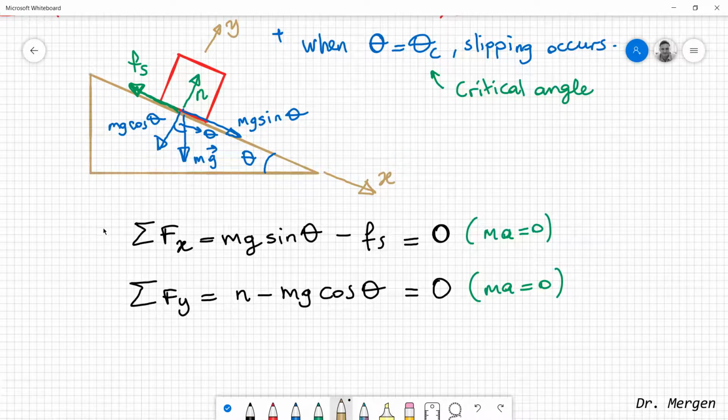At this point, it will be wise to indicate the positive direction for each component. For the x-axis, we assume that this direction is positive, and for the y-axis, we assume that this direction is positive.